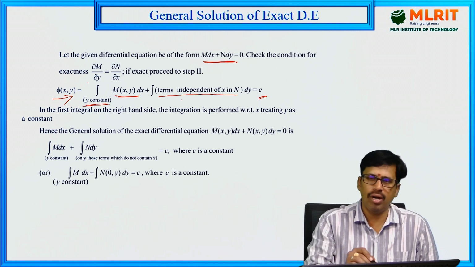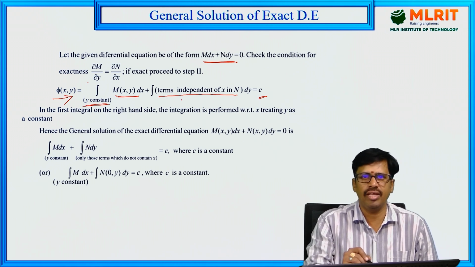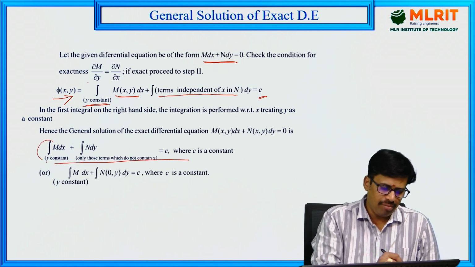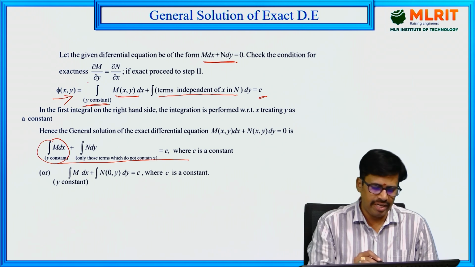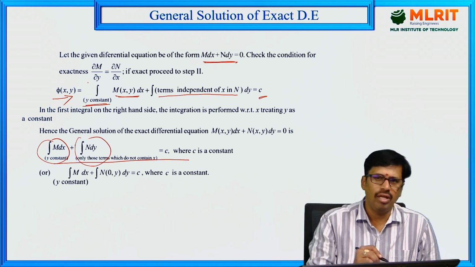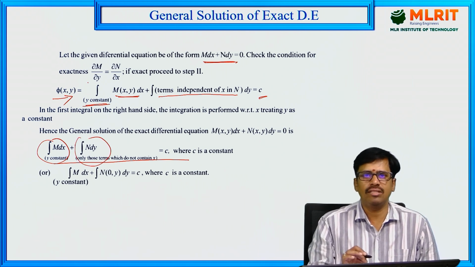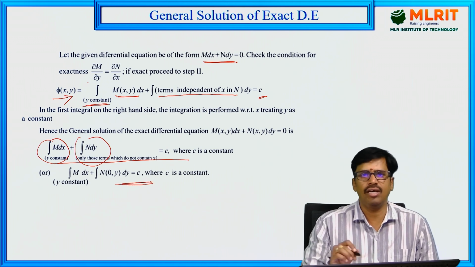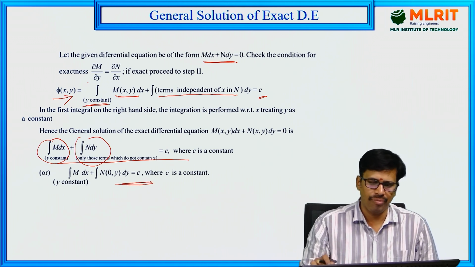This is the formula to write the general solution for the exact differential equation. In the first term, y terms are constant. In the second term, ignore x terms and only consider purely y terms, and this gives the general solution.